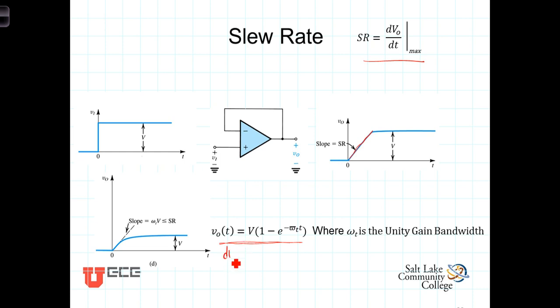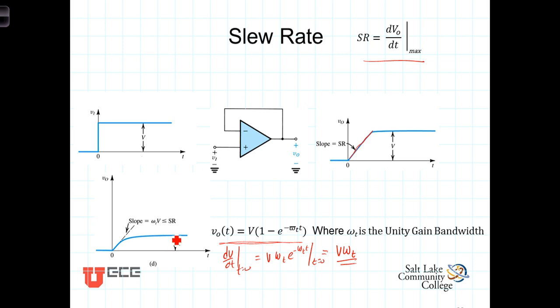So we have dV/dt at t equals 0 is equal to the derivative of that, which is V, then you've got the derivative of the exponential, which is negative omega sub t times a negative, so it'll be a positive omega sub t e to the minus omega sub t t, evaluated at t equals 0, which is then just V omega sub t. This then is the maximum rate that this step response is changing.